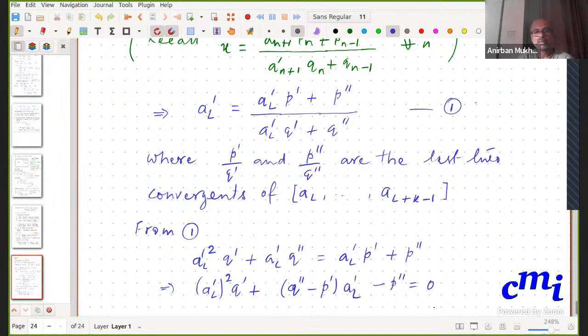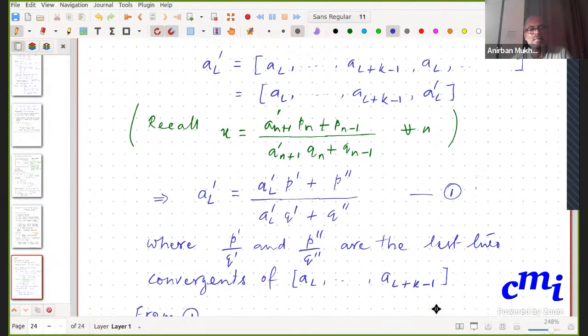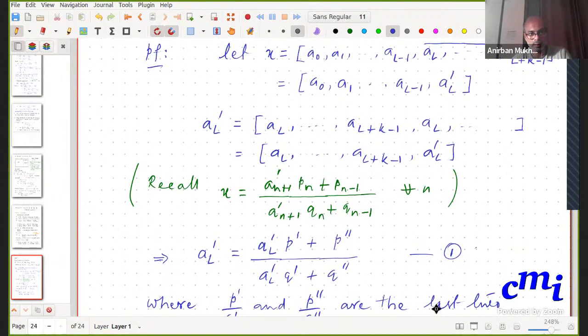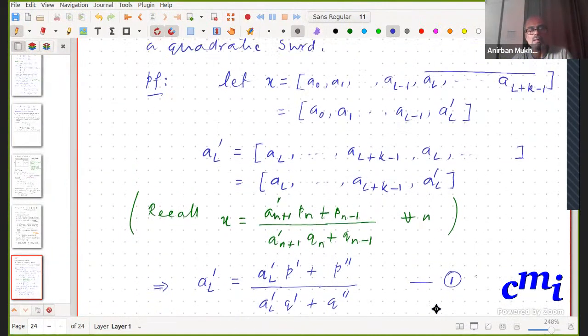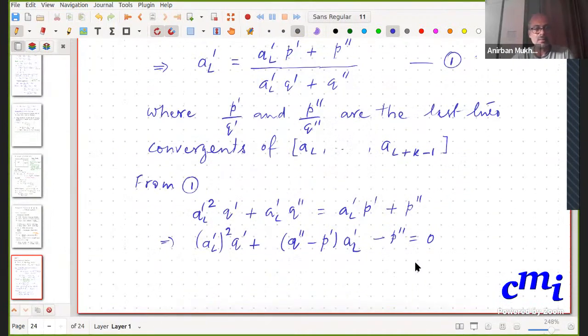So we have a_l dash satisfying this equation with integer coefficients. But what we have to now see is how a_l dash is related to the original continued fraction, which is X. So let's rewrite that, and that will prove the theorem.